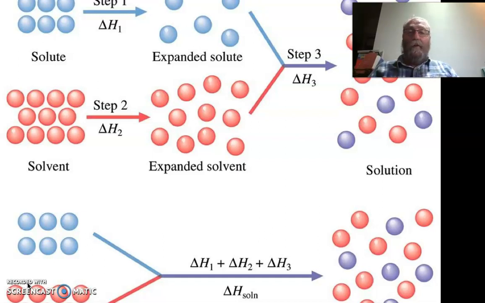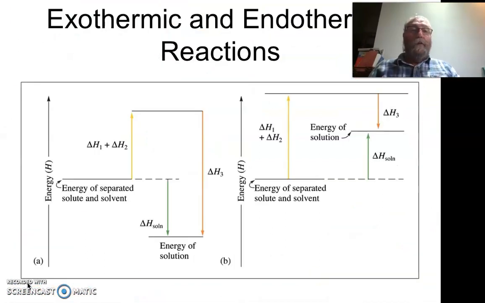But then you take those two and you mix them together. Well, that process is bond formation, so the formation of a new solution. So here you've got that diagrammatically, the idea of breaking the bonds initially and then getting that energy back as a result of the new bonds forming.